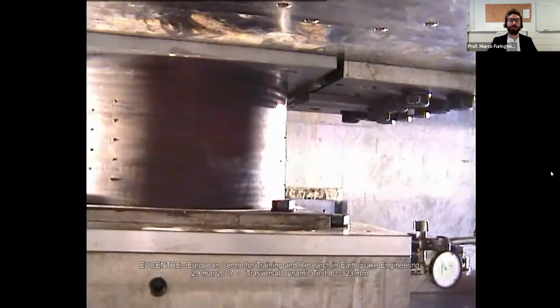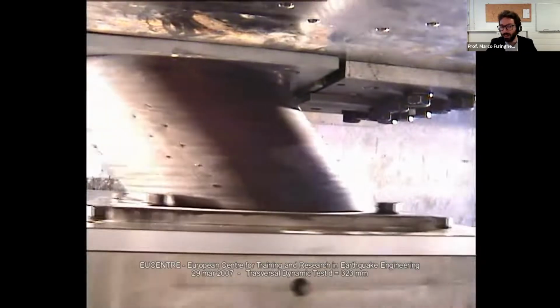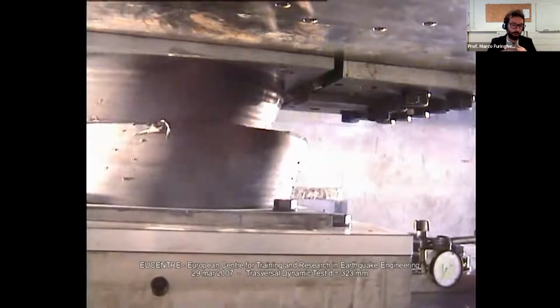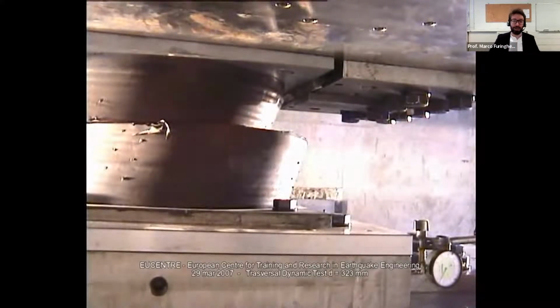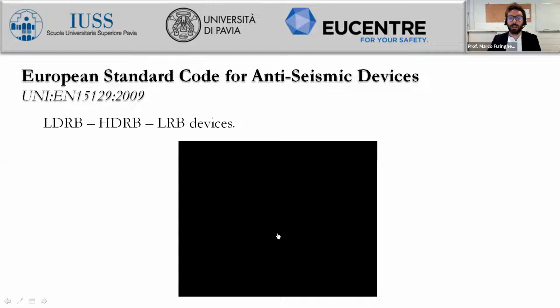So this bearing becomes actually a sliding bearing, but the sliding interface is rubber over steel or rubber over rubber. So a very high value of the friction coefficient.